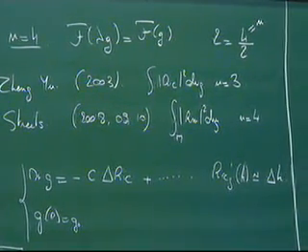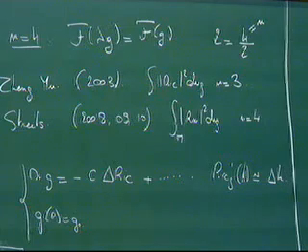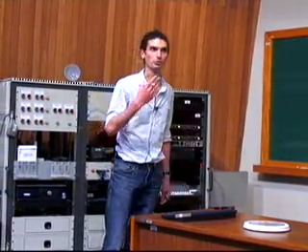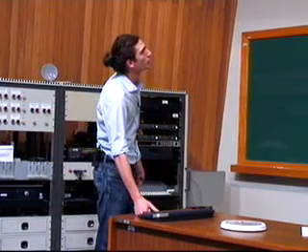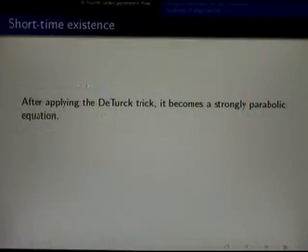Here you put the Laplacian before, and so it will give an equation like the derivative of g is something like the bilaplacian of g, once you have linearized your operator. So after applying the DeTurck trick, it will become a strongly parabolic equation.